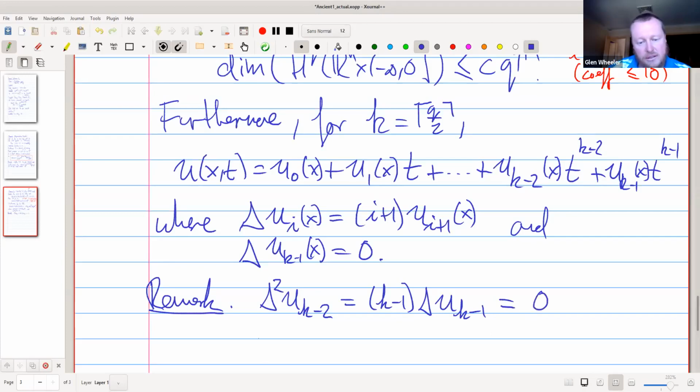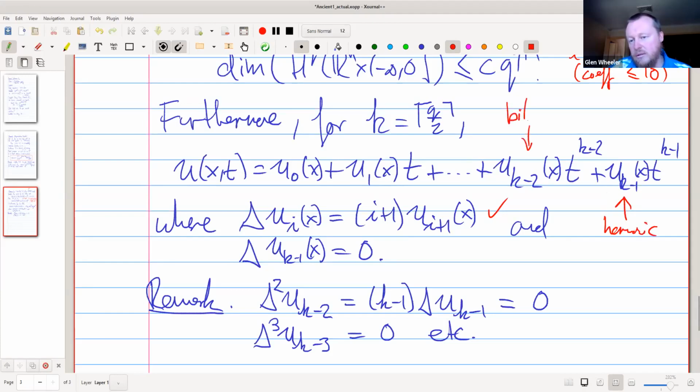And then the Laplace cubed of uk minus 3 similarly is also 0, and so on. So even though they're more special than that, this is really the defining relationship here, but there is a stratification, or at least I think about it like this, where this is harmonic and this one is biharmonic, and then etc. etc. So I find that interesting.